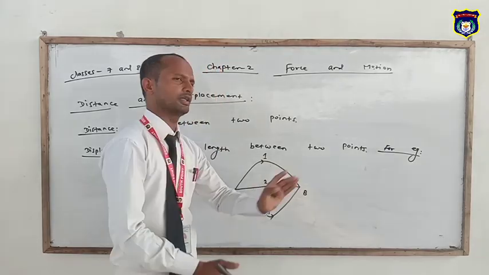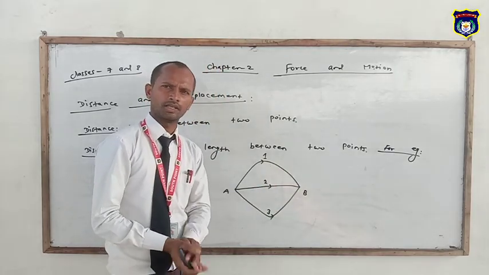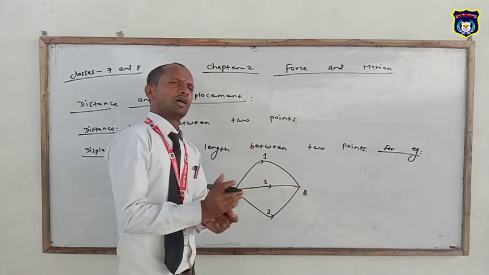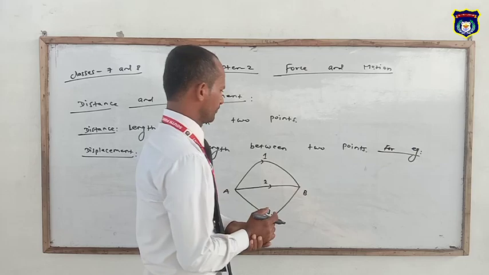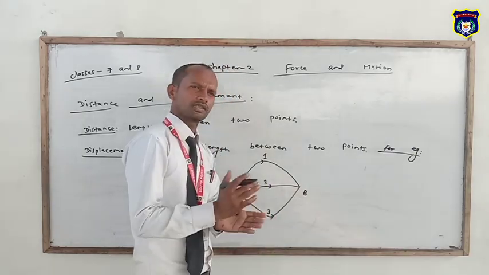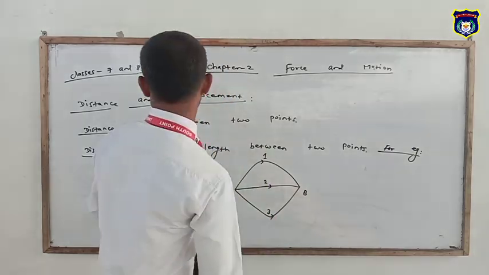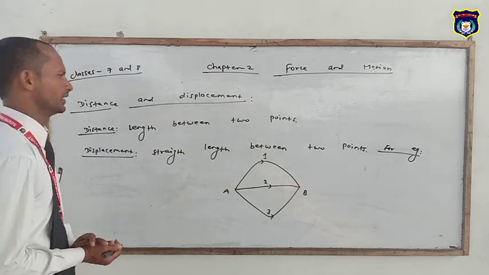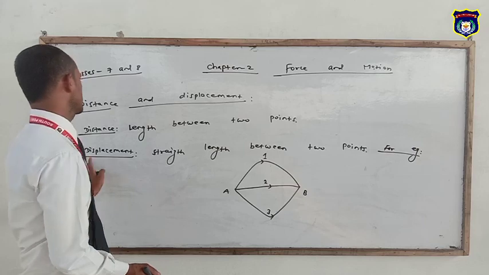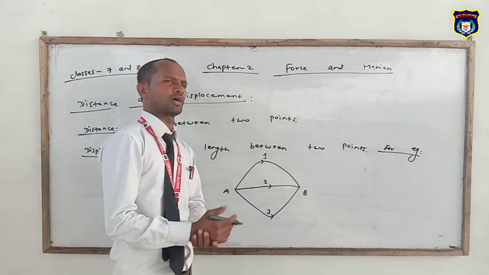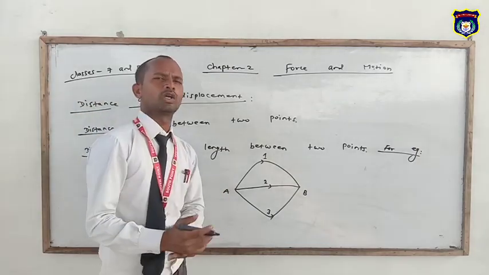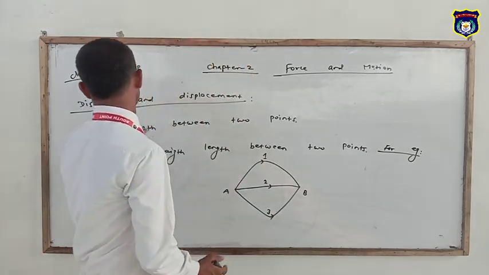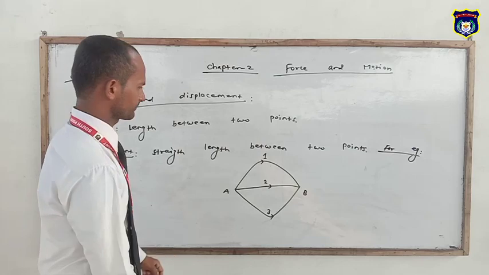It has a direction, but curved paths are called simply distance. Displacement is also one case of distance. The only difference is that displacement has a straight path, but distance has no restriction to curved or straight path. All straight paths and curved paths come under distance.